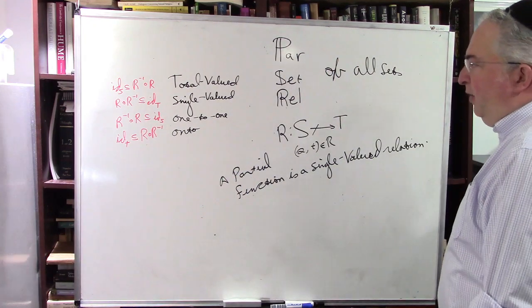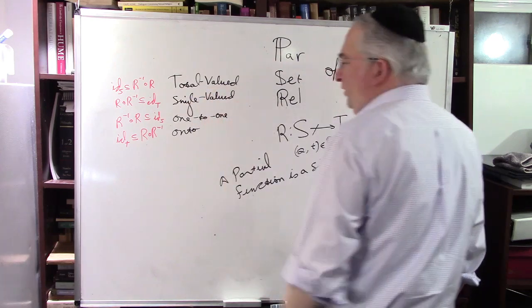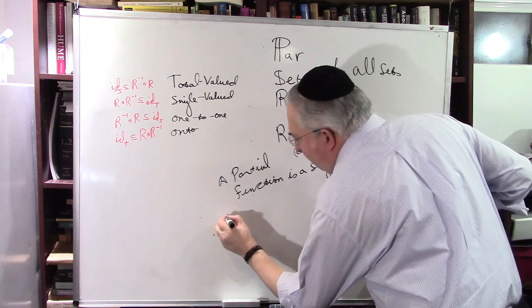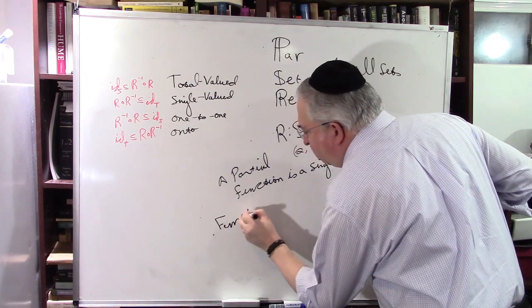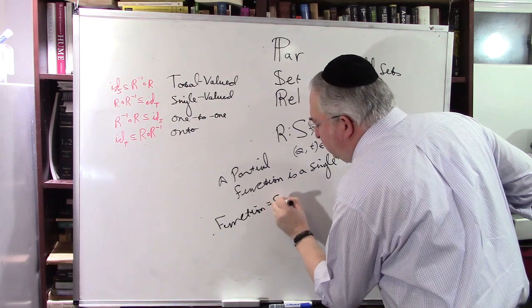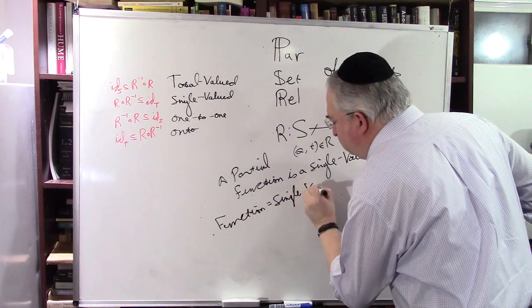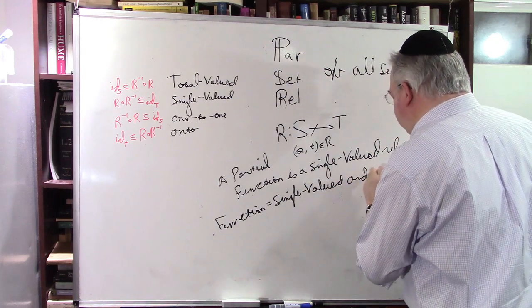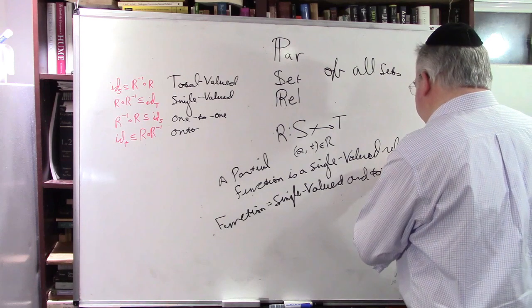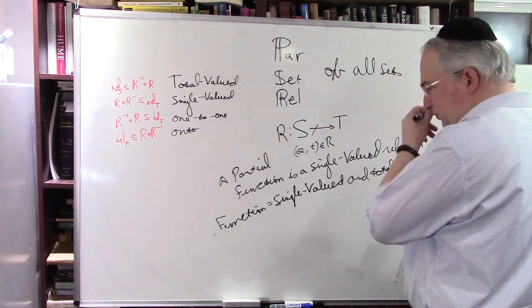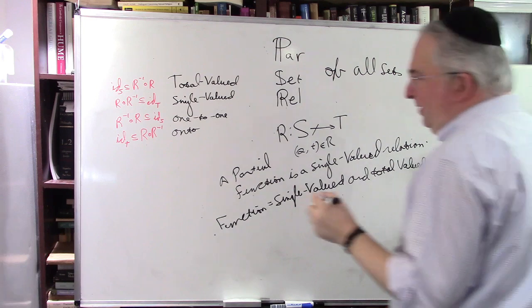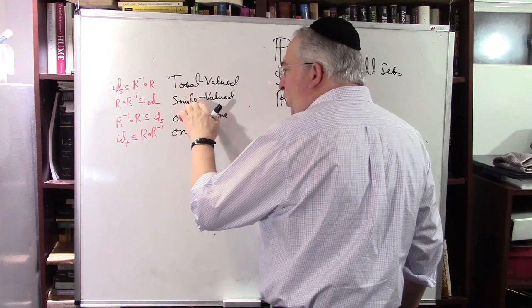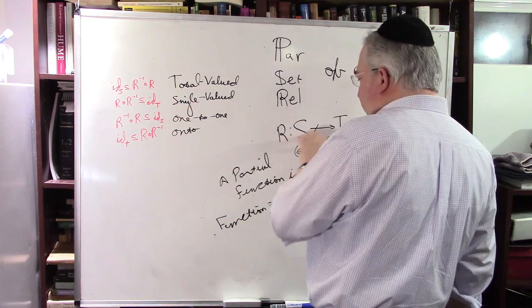A partial function is a single valued relation. That's very good. Now, what's total valued? Or let's put it another way. A function equals single valued and total valued. What does that mean? Single valued means for every s, there's at most one t.